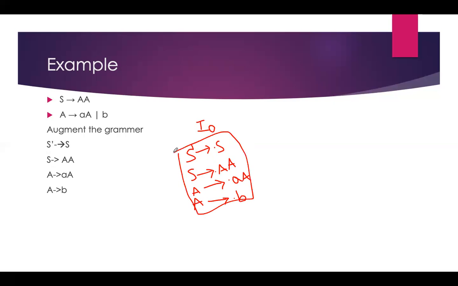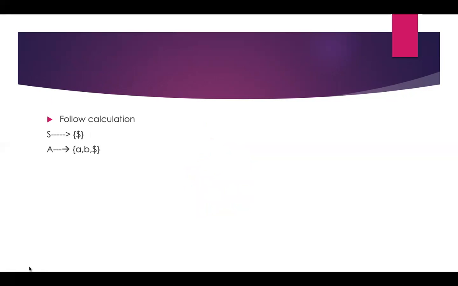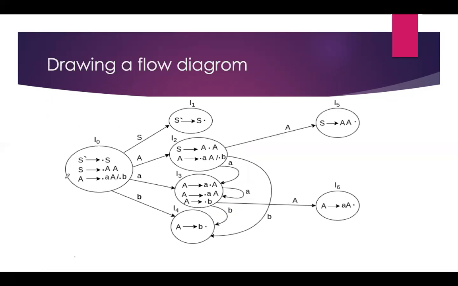So this is about the particular I0 state. In the state of I0 we have completed. Every time if you are increasing the state, we need to move the dot from here to after this letter. Here I have explained this in this table. Here we have completed the first one.